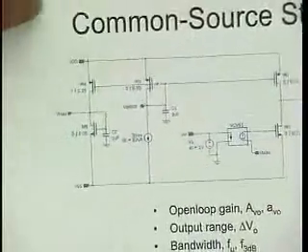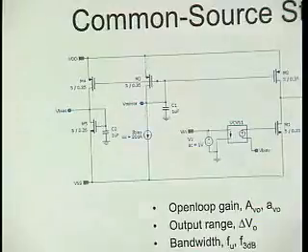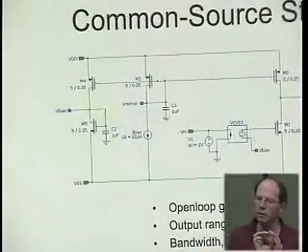Okay, so now having made all these arguments how important it is to have a fully differential input and a fully differential output, we go right back and look at the completely single-ended common source stage. The reason for doing that is that every amplifier, be it differential, two-stage, whatnot, is really a transconductor and a load. Every OTA, that is.